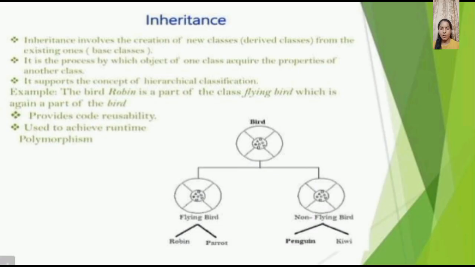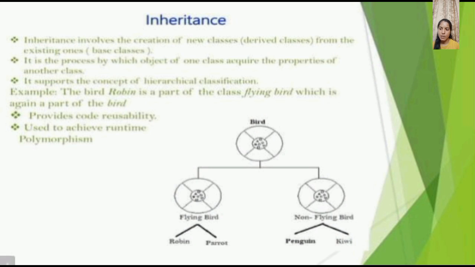Now let us see about inheritance. Inheritance involves the creation of new classes, that is derived classes, from the existing classes. It is a process by which objects of one class acquire the properties of another class. It supports the concept of hierarchical classification.